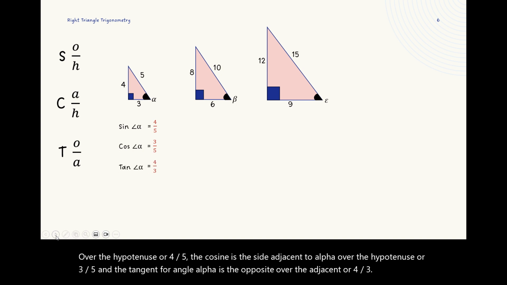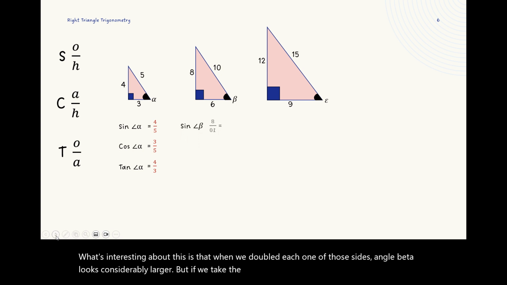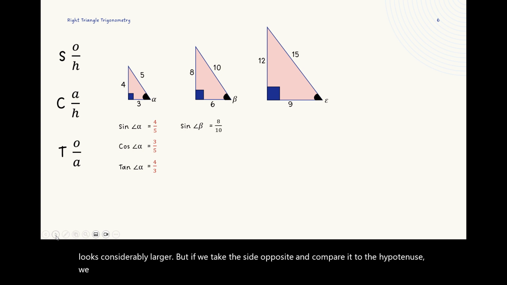What's interesting about this is that when we doubled each one of those sides, angle beta looks considerably larger, but if we take the side opposite and compare it to the hypotenuse, we get 8 over 10, which is still going to simplify to be 4 over 5.